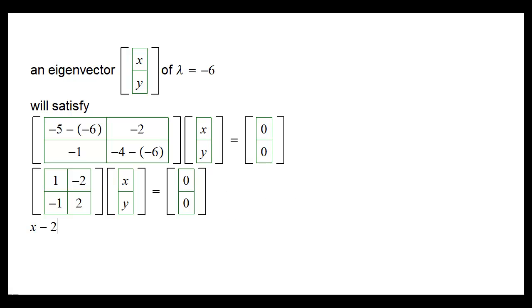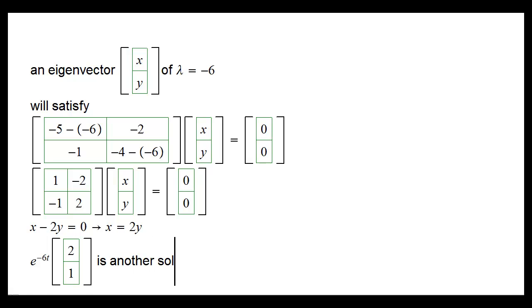We will have x minus 2y equals 0, or in other words, x equals what? 2y. So if we take y equals 1, what do we get? We get this, e to the negative 6t. Let me just copy it here and replace it with the values. All right, so if I took y equals 1, x becomes 2. Okay, so this is another solution.